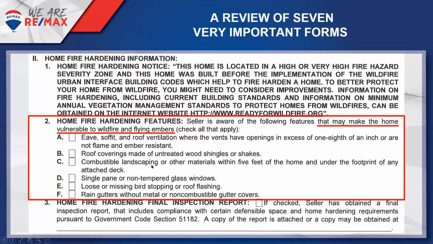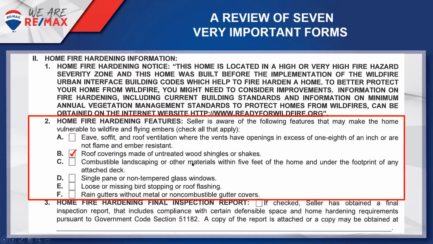And of course, these features make the home susceptible to wildfires and flying embers. So there's a list of these features, and you check all that apply. So if you have eaves or soffit or roof ventilation or vents that have openings in excess of 1/8 of an inch and are not covered with a flame-resistant screen, then you check that box.